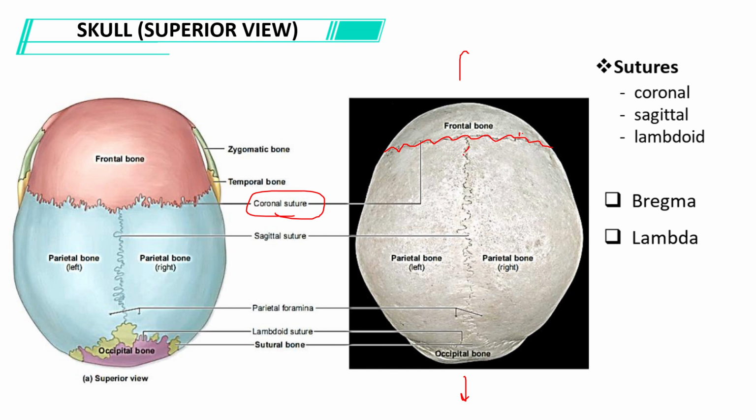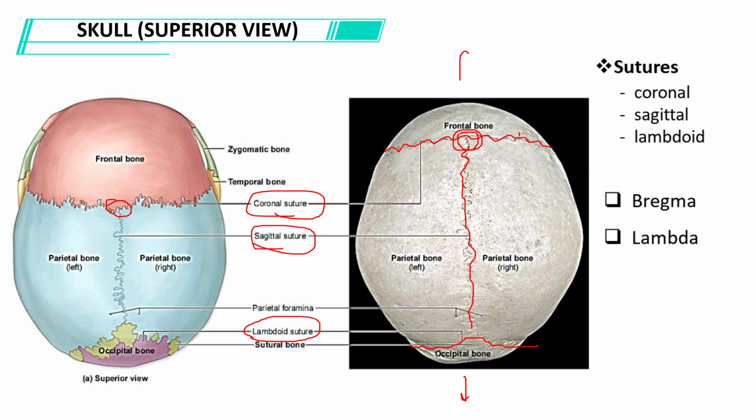The line that connects the parietal bones together is the sagittal suture. The line that connects the occipital bone to the parietal bone is the lambdoid suture. And the point where the coronal suture and sagittal suture connect is called bregma.